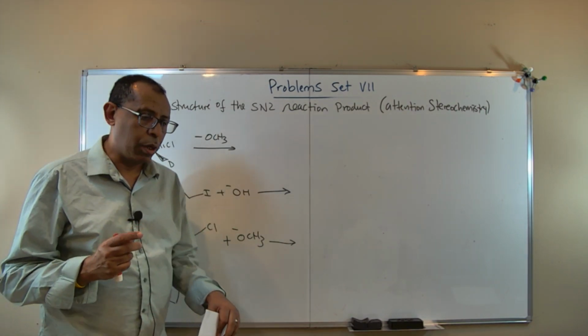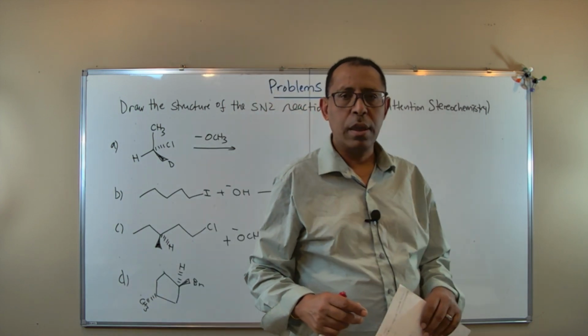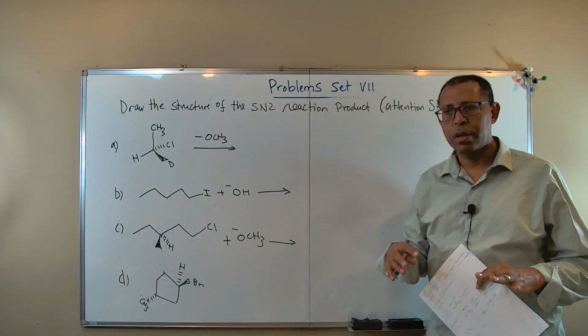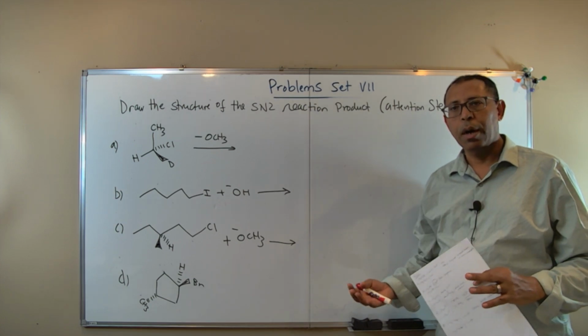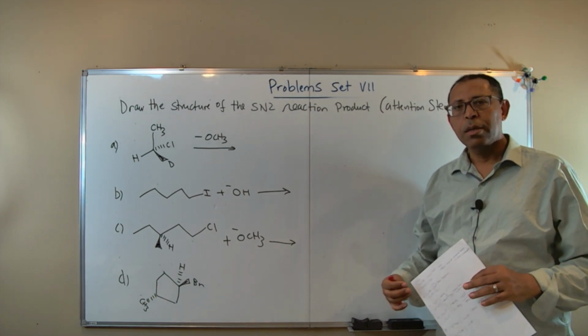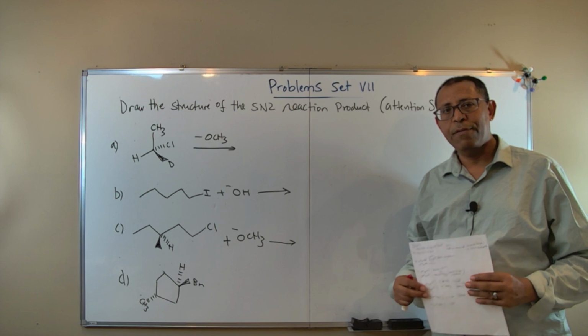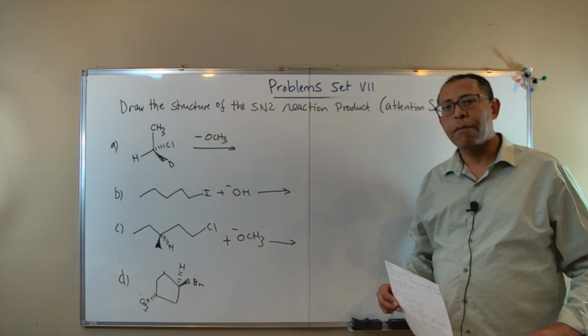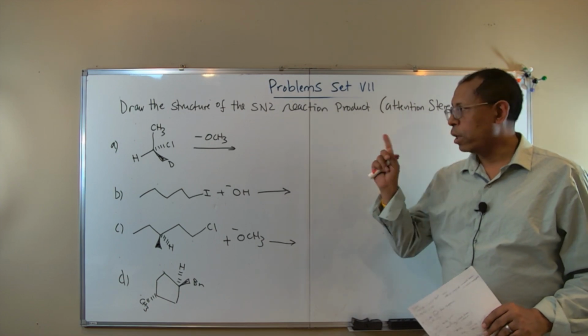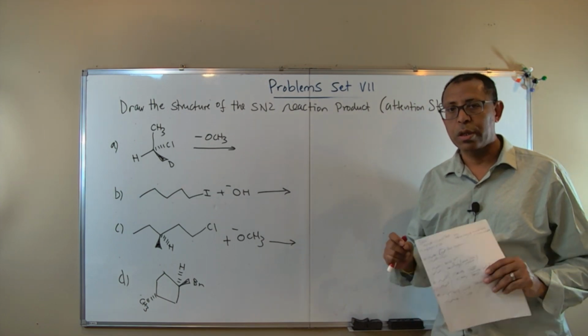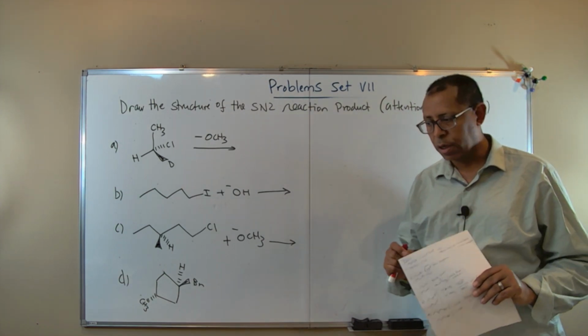But for SN1, there is a stereochemical outcome where the carbocation can be attacked from any face. That means it will give you a 50-50 chance of racemization. So now we are just dealing with SN2 where there is inversion of configuration.